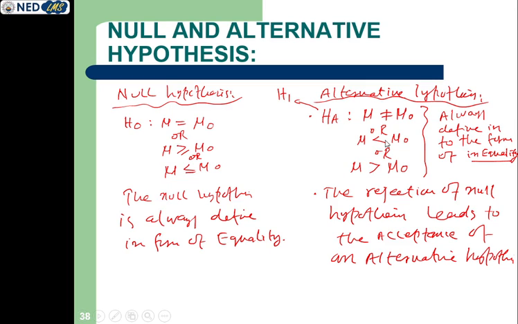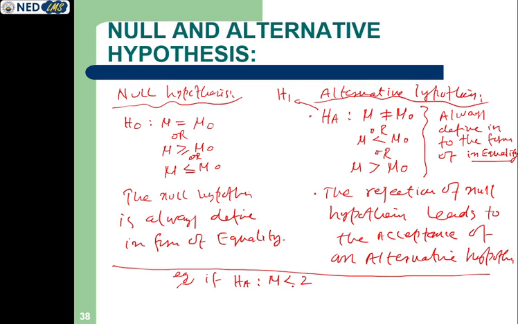For example, if the alternative hypothesis is mu less than 2, where mu is the population mean, what is the null hypothesis? Reverse it: if it is less than, then the null hypothesis becomes greater than or equal to 2.